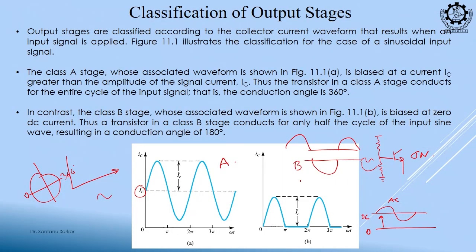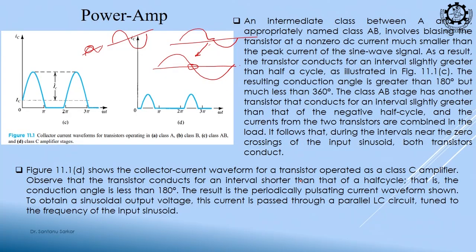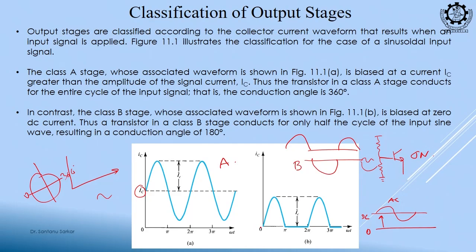Class B. So, in class AB a little bit of modification is done. In class B our DC was 0, right. You see it started from only 0. So, it is only the AC signal, only the signal.